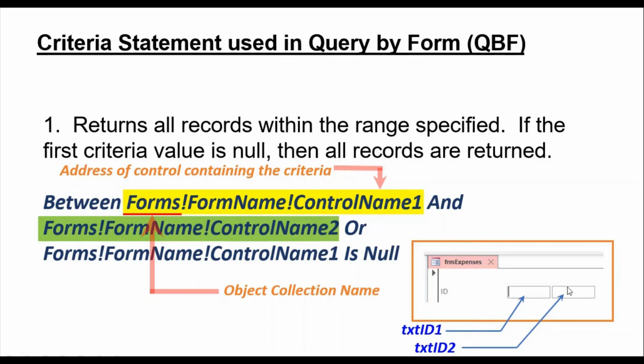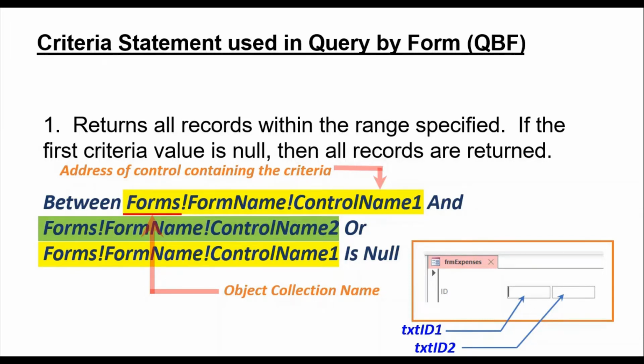For the second address, the object collection name and the object name will be the same as the first address, but the control name will be TXT ID2. Then followed by address number 1 again.